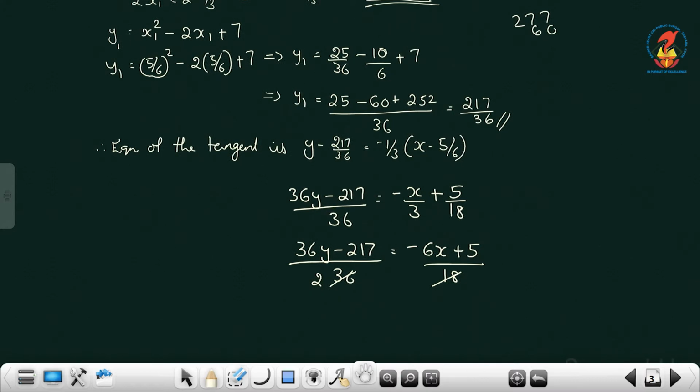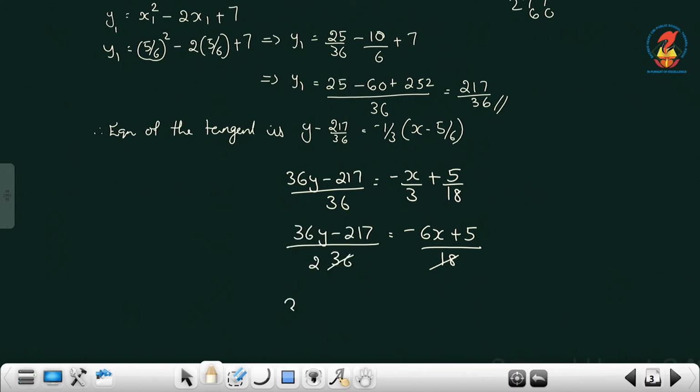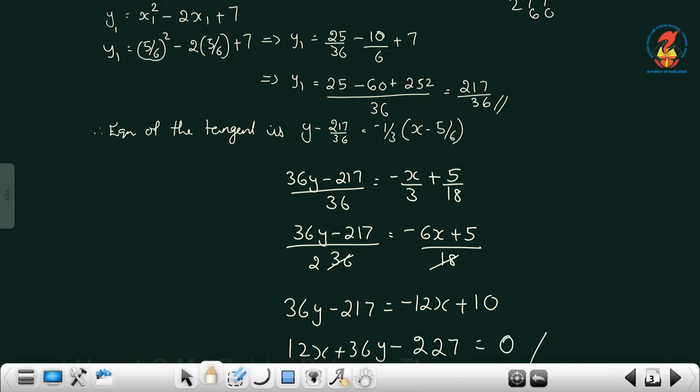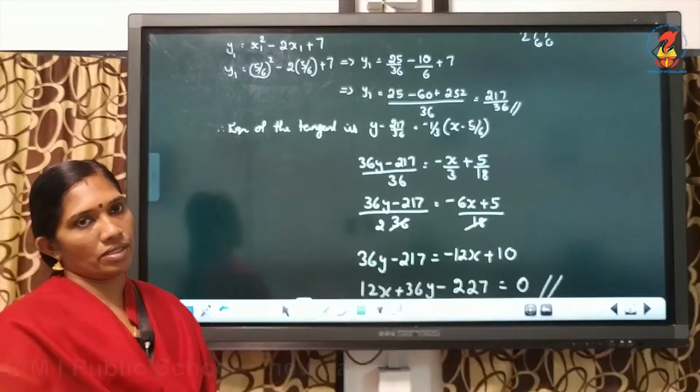Now, cross multiply. So, 36y minus 217 is minus 12x plus 10, or we can write 12x plus 36y minus 227 is equal to 0. So, this is the required equation of the tangent.